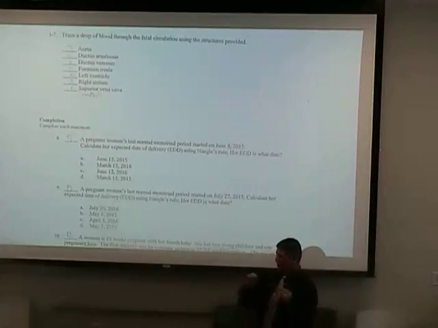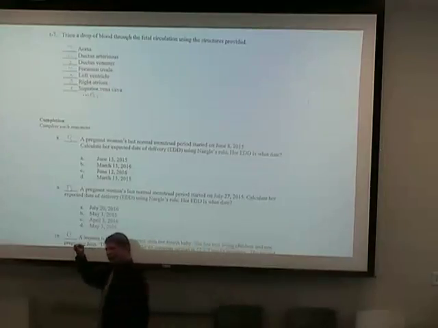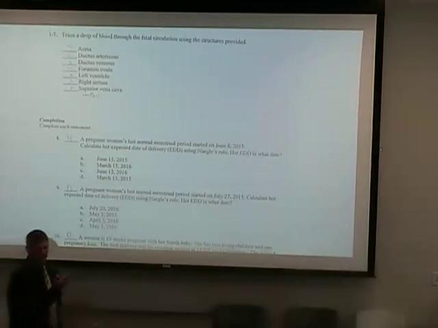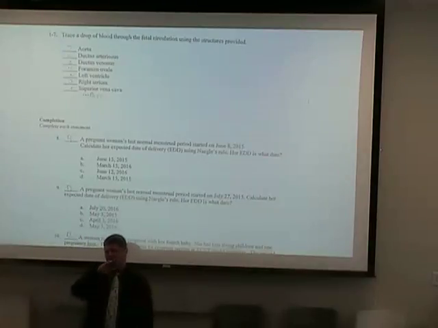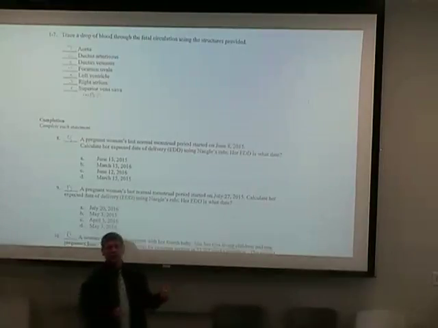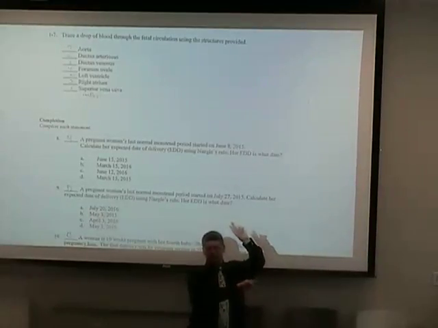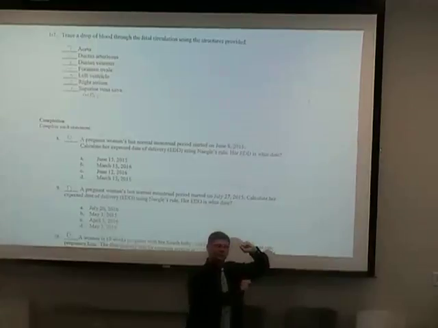It would have been umbilical vein to ductus venosus to inferior vena cava to right atrium, through the foramen ovale to left atrium, down into the left ventricle, through the pulmonary artery and the aorta, and then to the aorta by way of the ductus arteriosus. So I accepted that the aorta and the ductus arteriosus could get swapped, and the inferior vena cava and the ductus venosus could get swapped. Okay?